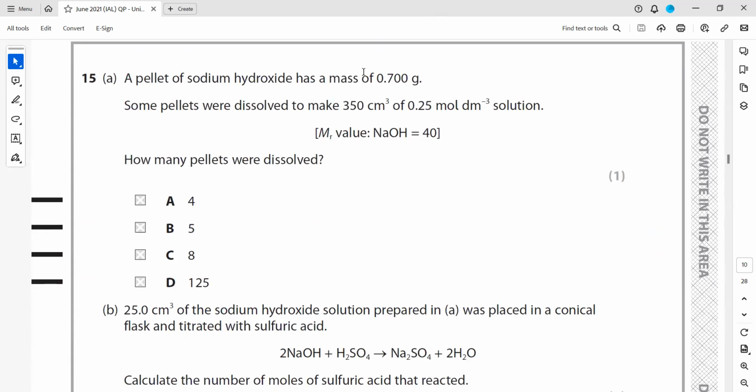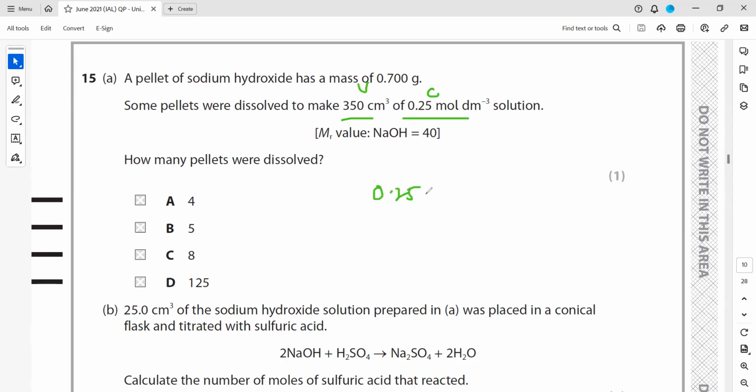A pellet of sodium hydroxide has a mass of 0.7. Some pellets were dissolved. How many pellets were dissolved? So we have the concentration, the volume, and 0.25. Using the concentration and the volume, we first work out the moles.